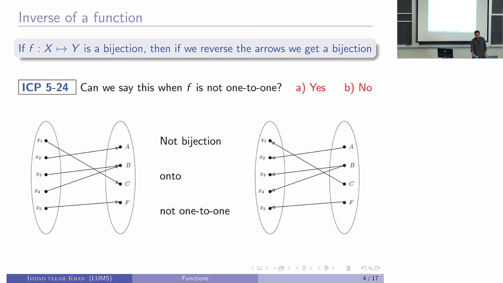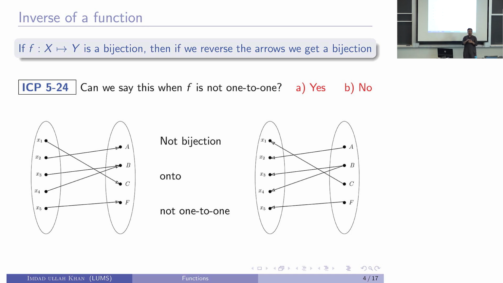Our new image, the pre-image set, will map to multiple elements in the image set. Okay. Yeah. So we begin with this. Let's look at the old function, which is not one-to-one. It's not one-to-one, meaning there are two elements in the domain whose image is the same. For example, here x3 and x4, their image is both b, right?